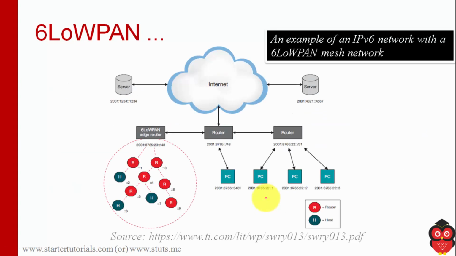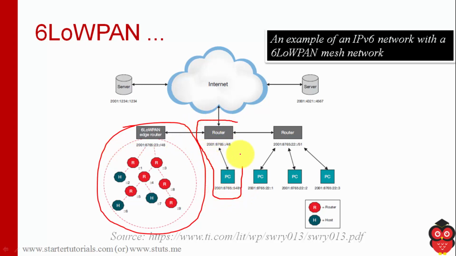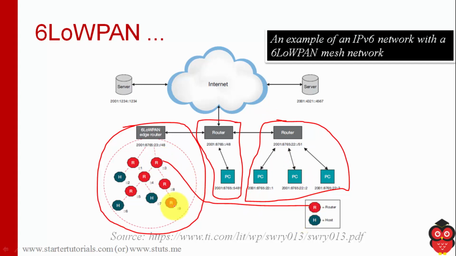This is how a 6LoWPAN network that is connected to IP networks looks like. This is your 6LoWPAN network. This is one IP network, and this is another IP network. Here the R thing is a router, and these dark green things are hosts.